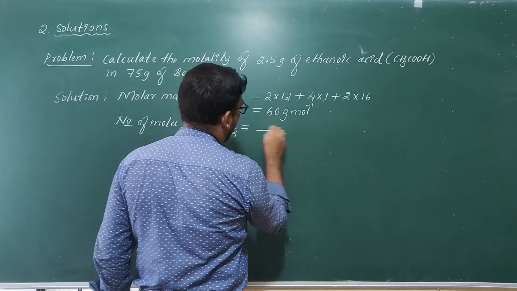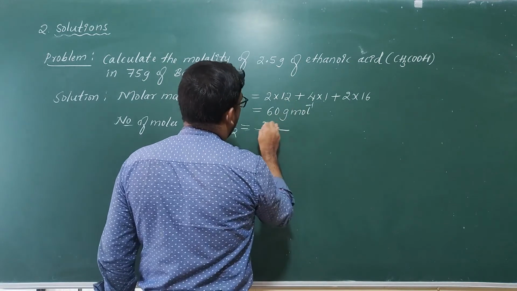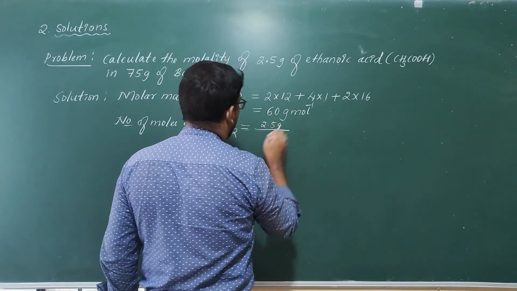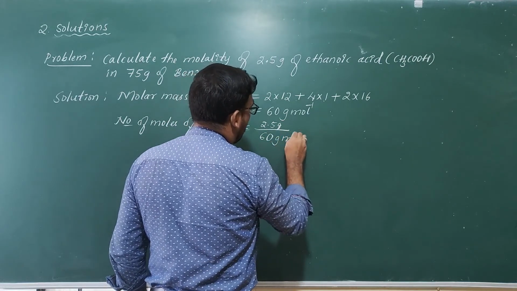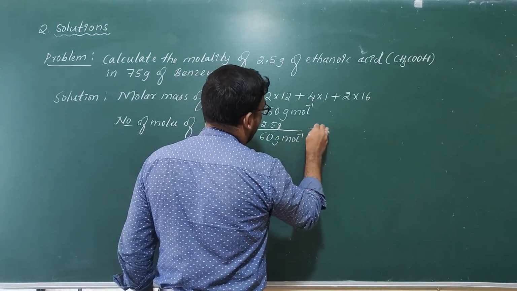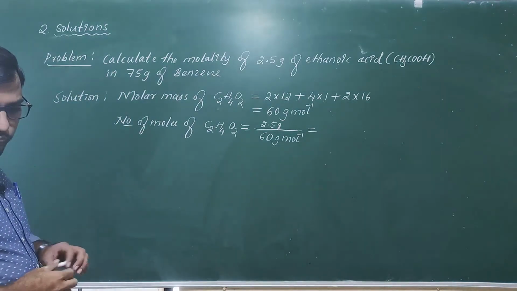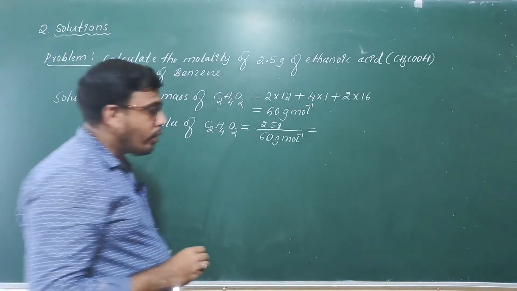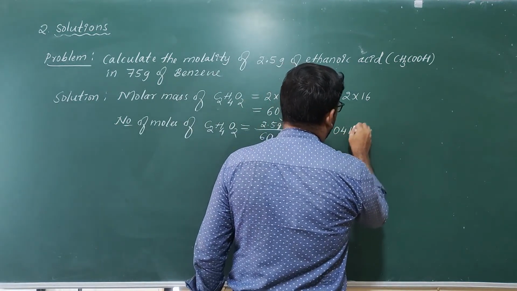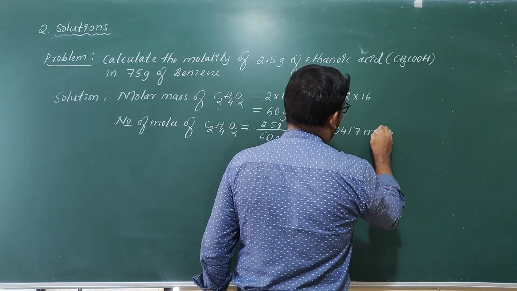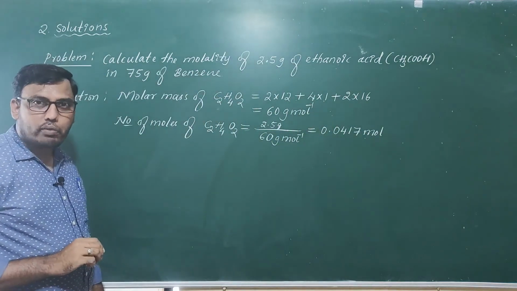Mass by molar mass. What is mass? It is given in the problem. 2.5 gram divided by, what is its molar mass? 60 gram per mole. So therefore the number of moles of ethanoic acid is 0.0417 moles. Okay, so this is our numerator.